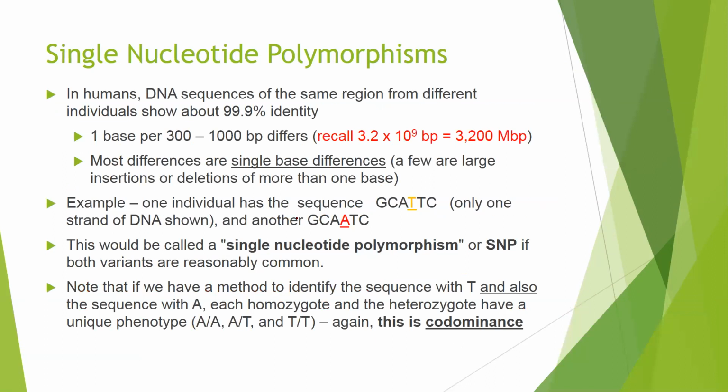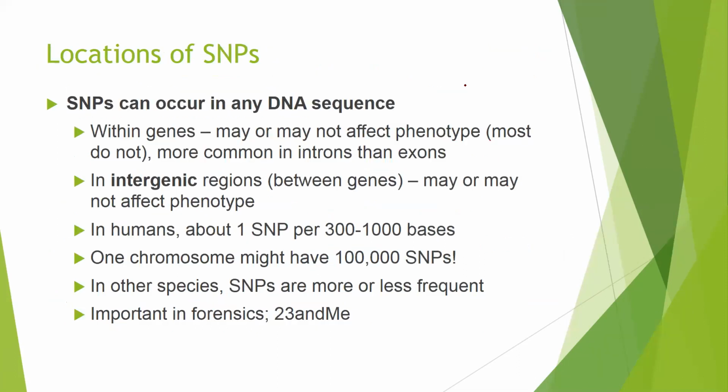All right, this is the summary for the single nucleotide polymorphism. We use the short form SNP, and this is the most commonly used DNA marker for genetic study and association study. SNPs can occur in any DNA sequence in the genome.